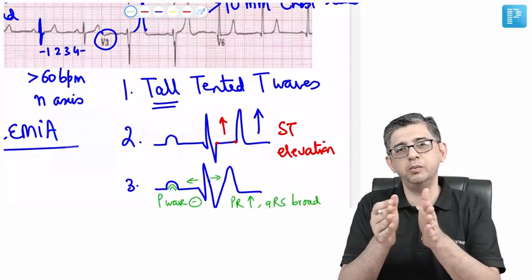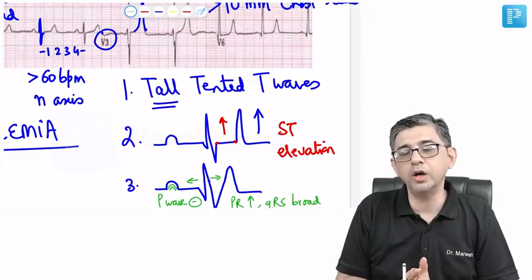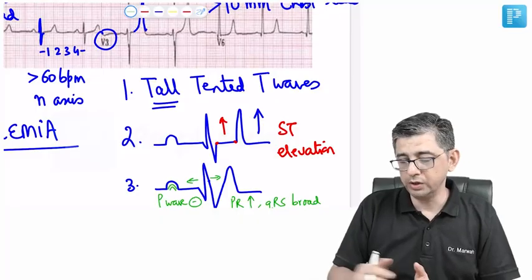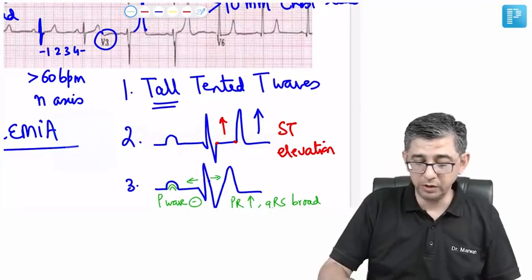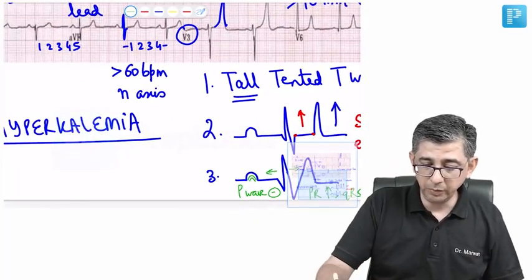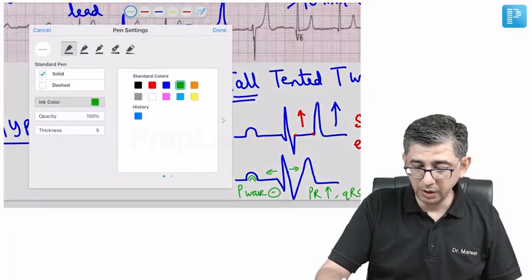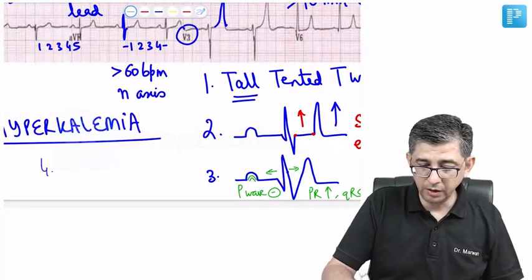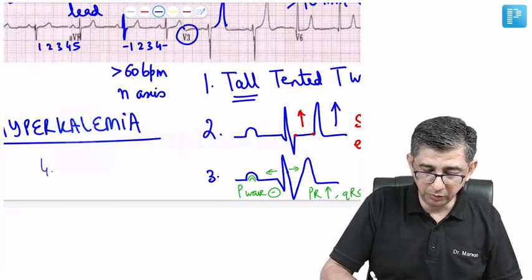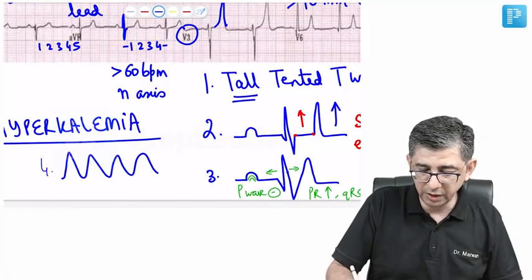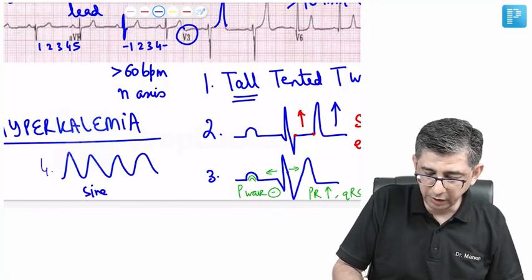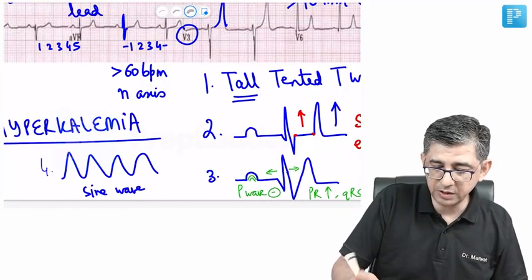The QRS complex will become broader, and this broad QRS complex will merge with the T wave, and we will be having a very peculiar pattern developing in this patient. This is how it will appear, and this pattern that I'm now showing before you is called the sine wave pattern. This looks more like a mathematical wave than a wave of ECG.